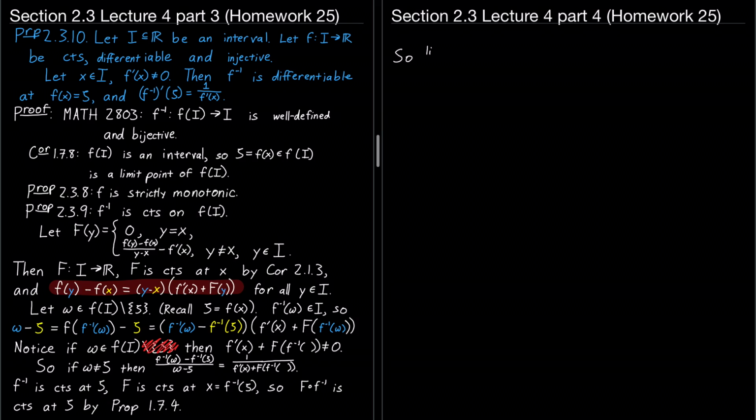So we've got the limit as omega goes to zeta of f prime of x, which is just a constant, plus big F of f inverse of omega. I just realized I've been writing a bunch of big F of f inverse of zetas when they should be big F of f inverse of omegas, so I will go back and fix that.